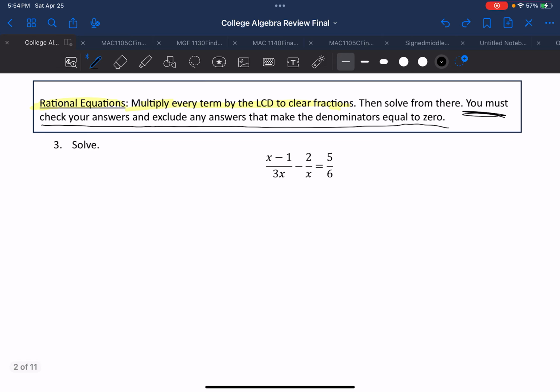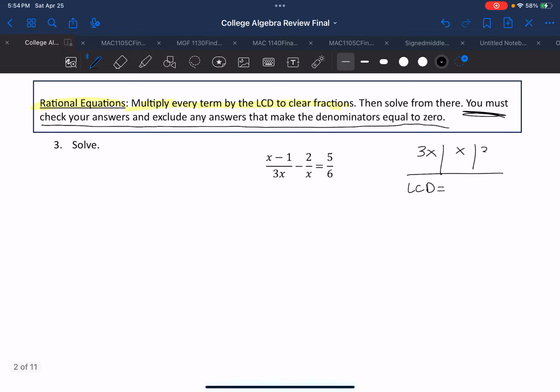So first I'm going to find the least common denominator. And the way we did that, you can write down all 3 denominators here. And then 6 can be written as 3 times 2.